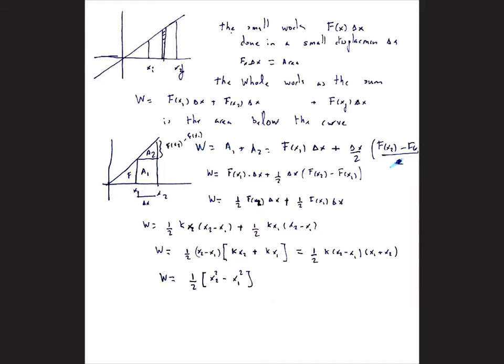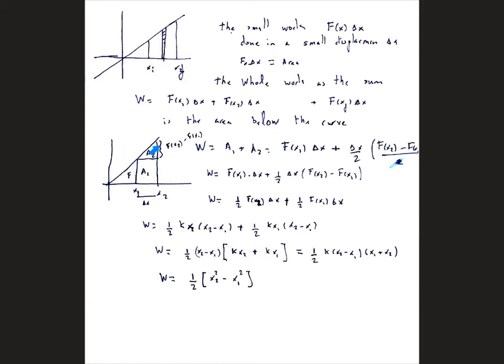The method to calculate the work from x1 to x2 is just to calculate the area, A1 and A2. A1 is the area of a rectangle. The base is delta x, and the height is F of x1.